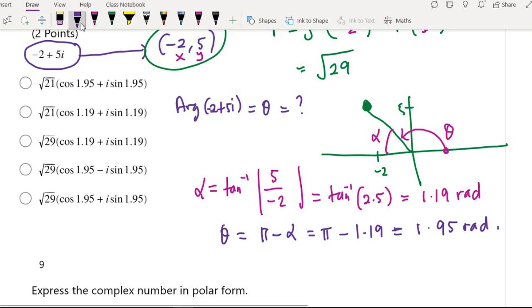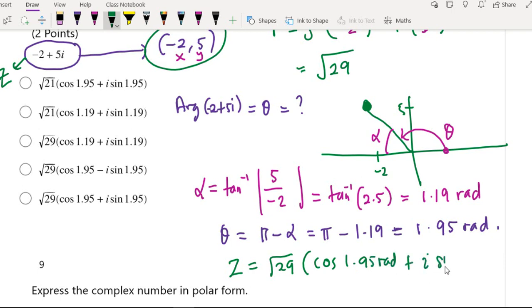After that, your final answer in polar form: z is equal to -2 plus 5i, which is r, where r is square root of 29, cos 1.95 radian plus i sin 1.95 radian.